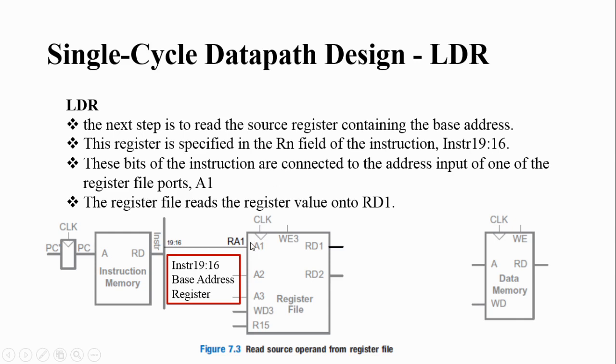In this case it is RN, and you are reading the value stored in RN, which is nothing but the base address. So by connecting bits 16 to 19 of the instruction to A1 of the register file, you will get the base address on RD1. I said the base address will be stored in, say, R1, so the base address will be available on RD1. You will get the base address here.